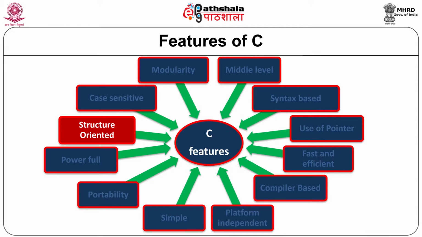C language is called a structure oriented language, because structure oriented programming language is aimed at clarity of program, which reduces the complexity of code using an approach of sub-programs or subroutines. These programs have rich control structure.